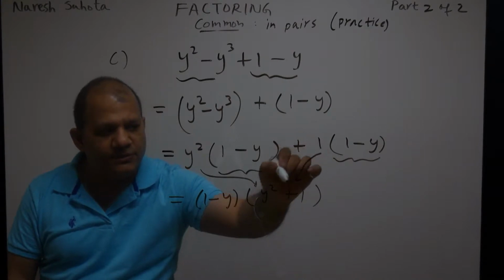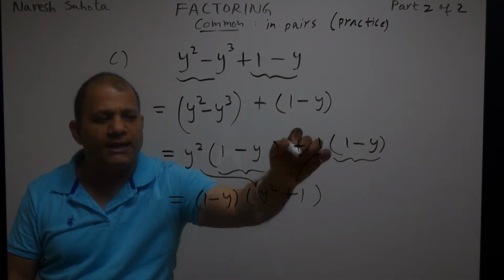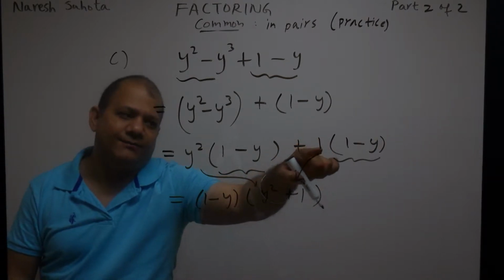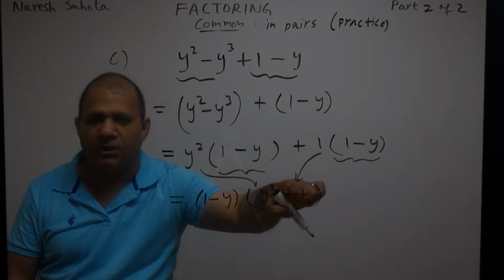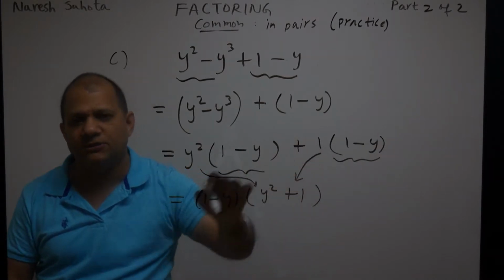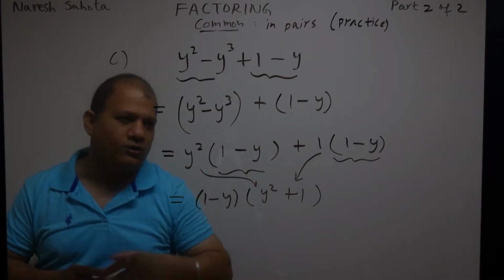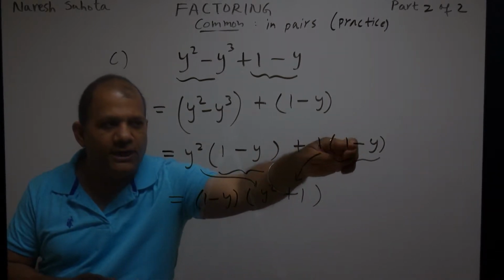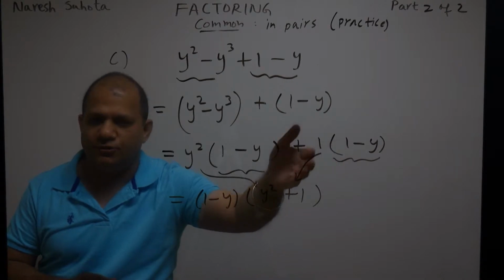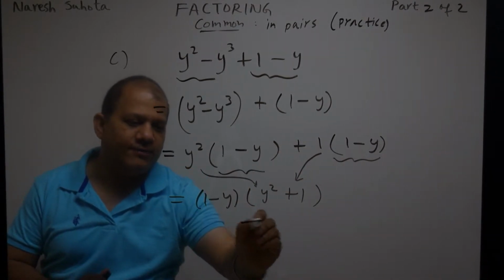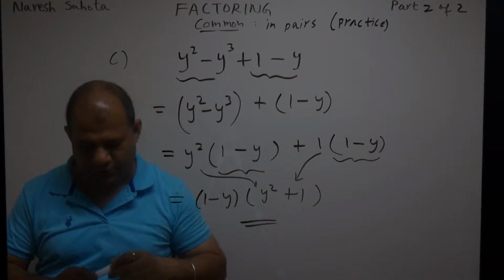This is the reason why I put 1, so I know that 1 goes here. If there was nothing here, I might get confused. I might just leave this blank or put a 0, and that would not be correct. That's the reason why I factored 1 out. You can always factor out 1, and you can always factor out negative 1, if that's what you need to do. Alright, so this is the final answer for this question.